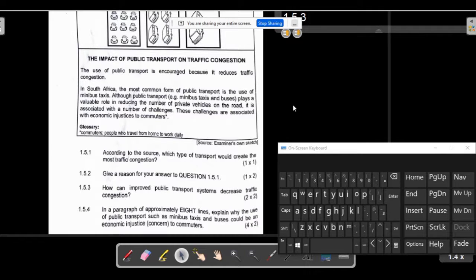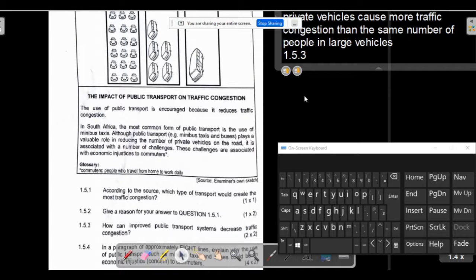Okay, so improved public transport systems. For an example, let's say bus only lanes. So bus only lanes help. So this is improving.